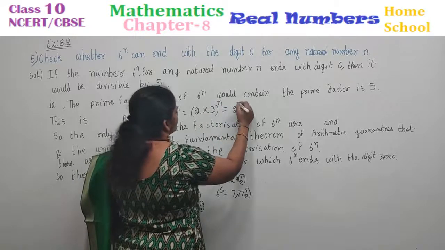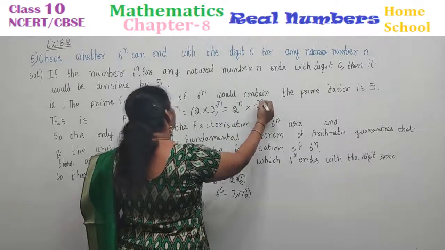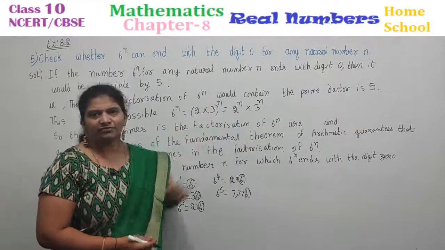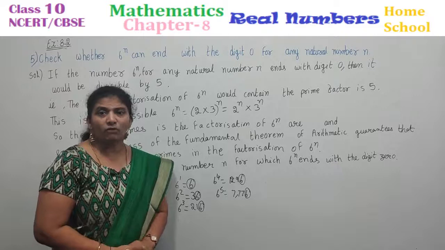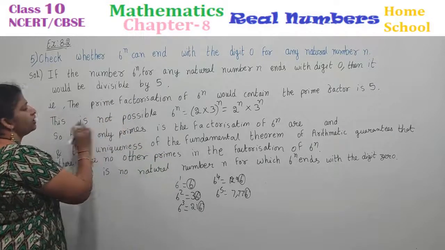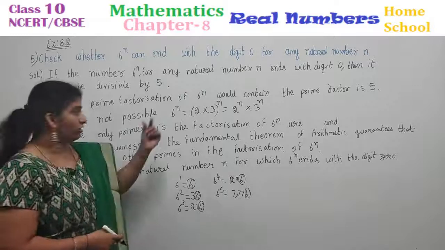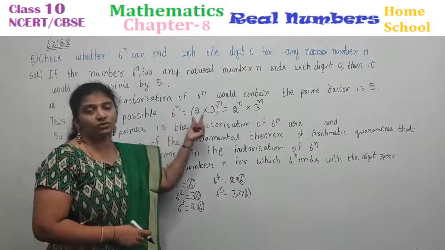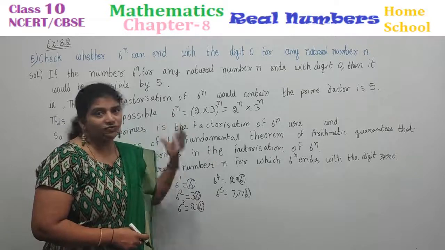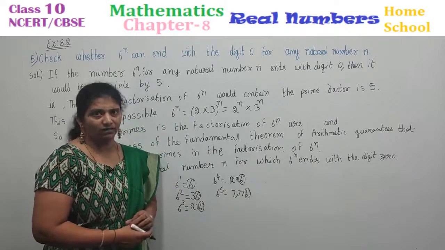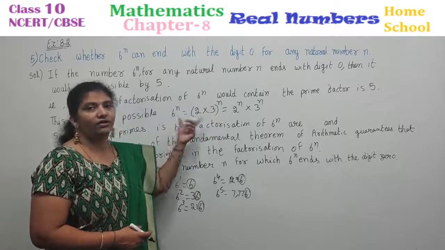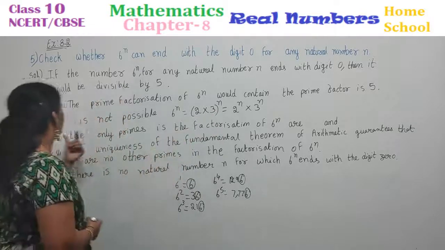You can write it as 2 power n into 3 power n. Can you see any prime factor 5 here? No, it's not possible, because 6 power n is equal to 2 into 3. I cannot split this 6 as 5 or a 5 multiple. There is no 5 in this. Right? Therefore, it is not possible.